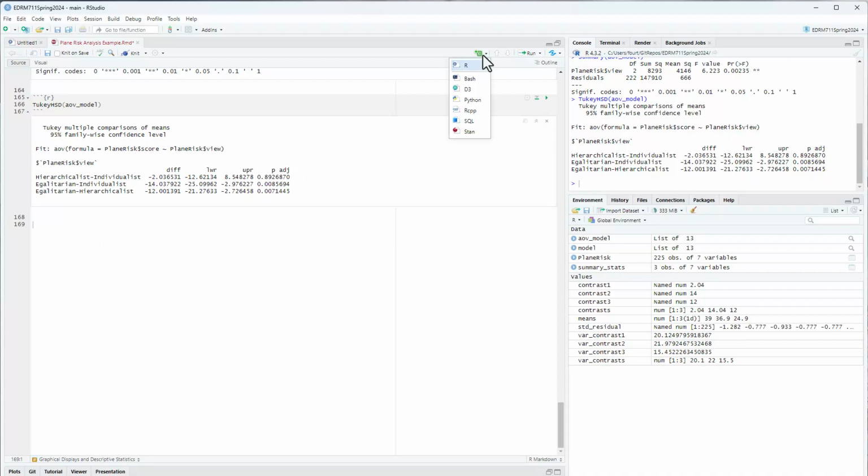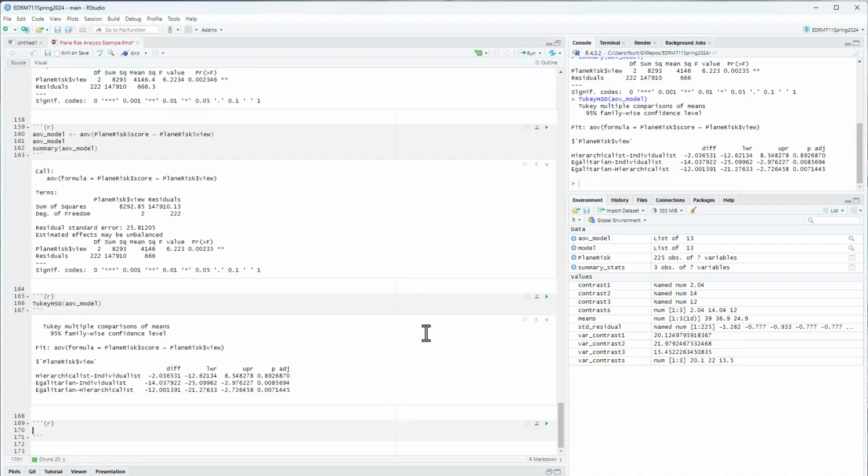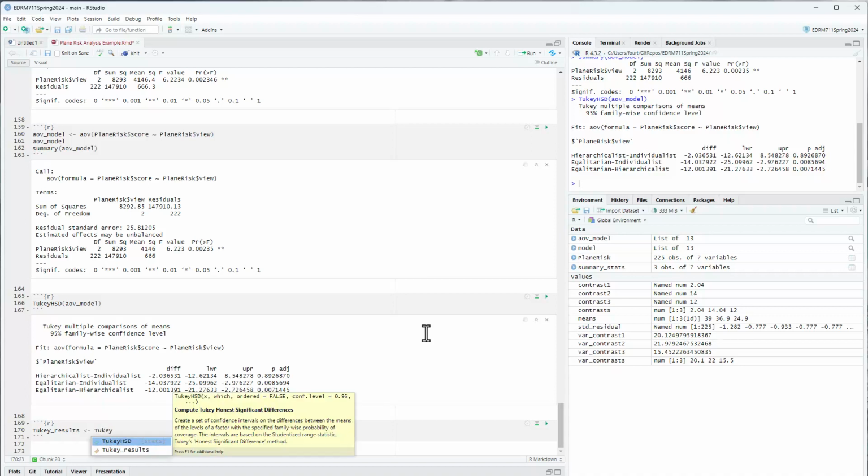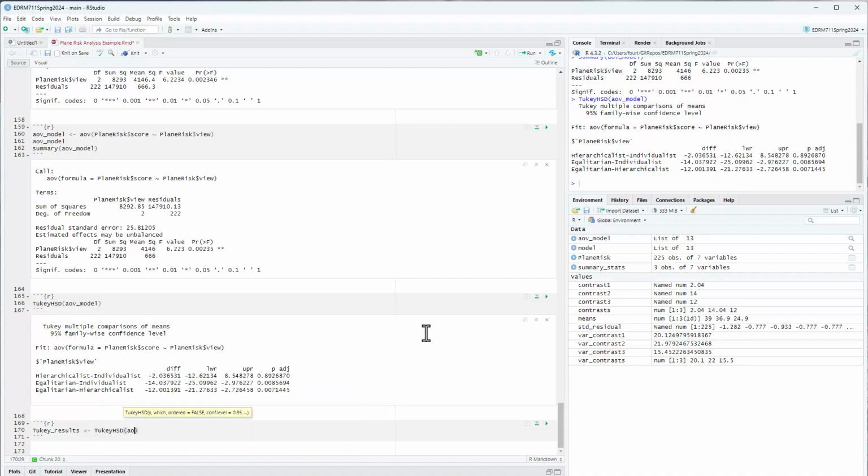Furthermore, if you want to get a picture of those confidence intervals, this has got some good and some bad to it. I never liked the way it titles this, but let me put Tukey results is going to be the Tukey HSD AOV model. So in other words, I'm saving my results instead of printing them out.